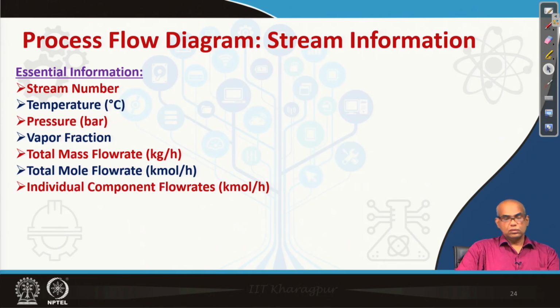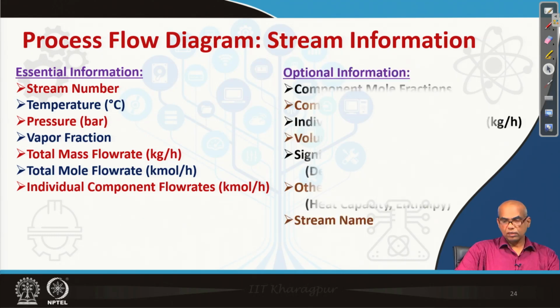Now, in a process flow diagram, there are certain informations about streams which are essential information and you must supply. There are certain informations which are optional. So, what are the essential information for stream? Stream number, temperature, pressure, vapor fraction, total mass flow rate normally in kg per hour, total mole flow rate normally kilomole per hour, and individual component flow rate normally kilomole per hour.